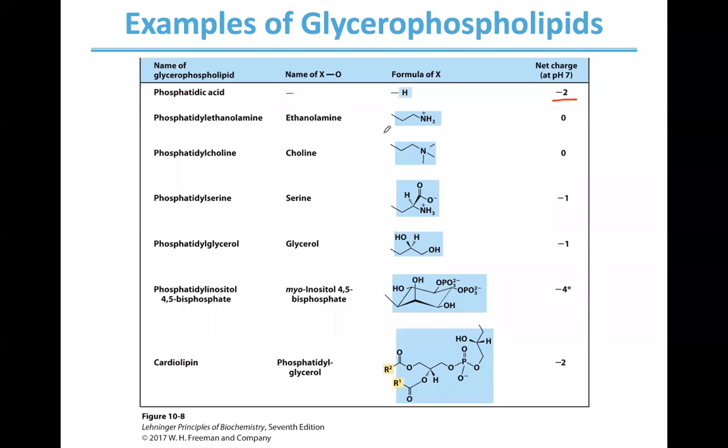Then if you have ethanolamine, ethanolamine is this molecule. If this forms a phosphor monoester with the phosphatidic acid, phosphatidic acid will form an ester with ethanolamine, so this will be phosphatidyl ethanolamine.